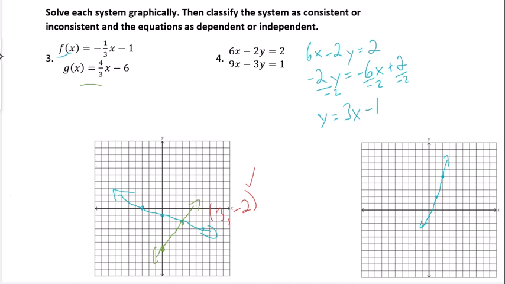All right, let's look at our second equation. Start by putting it in slope-intercept form. And to do that, we need to move the 9x over. Divide by your negative 3.